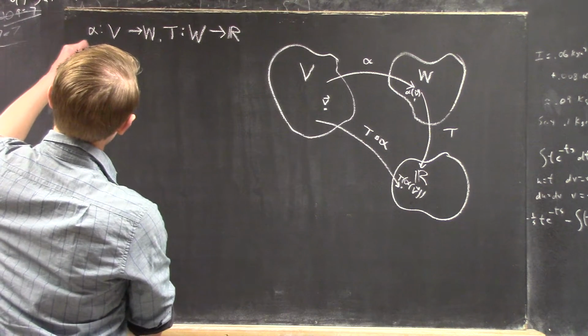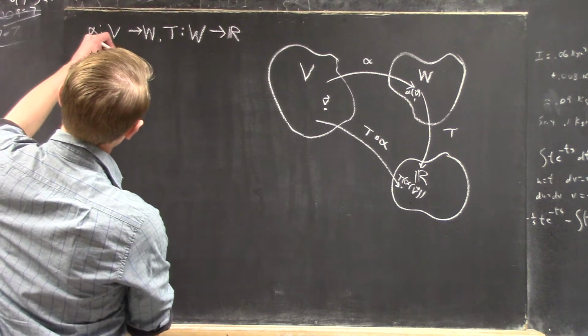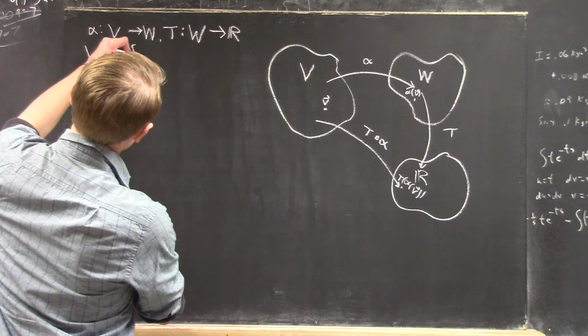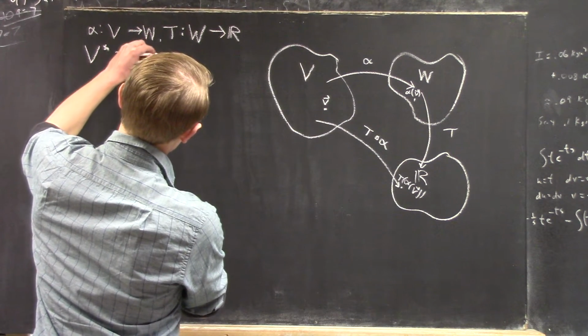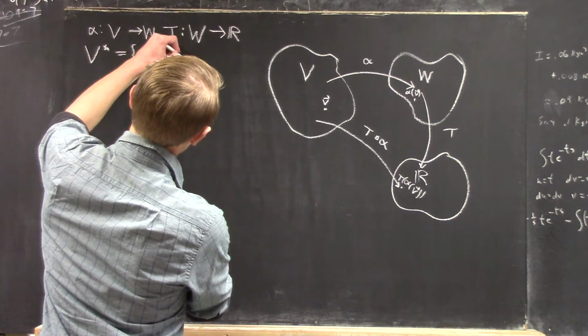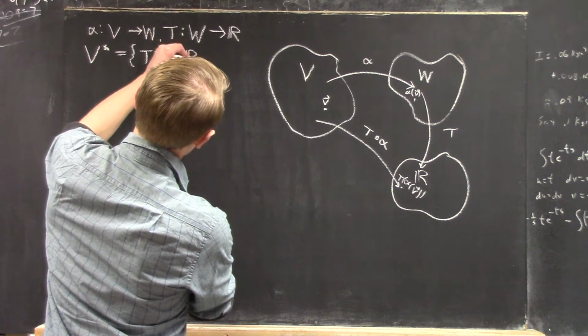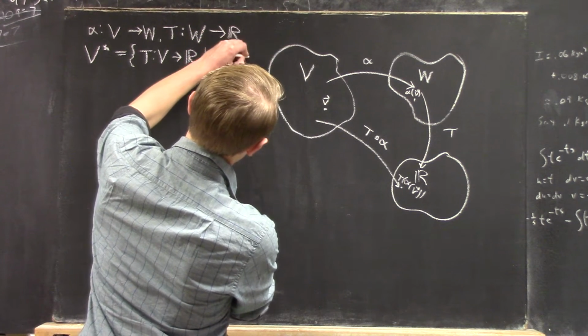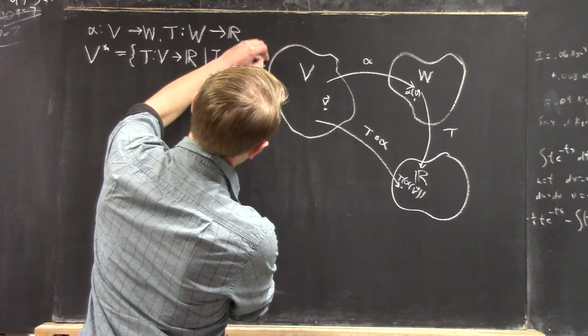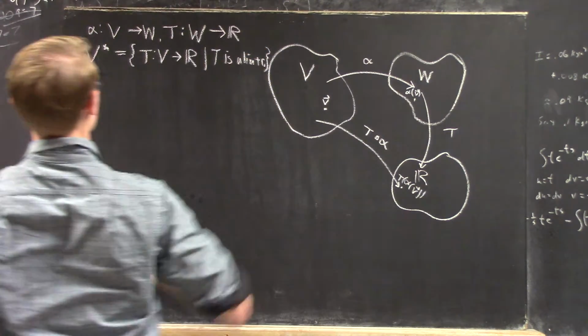We can call that V star for the moment, and that's equal to the set of all transformations from V to R, such that T is a linear transformation. Abbreviate that statement.